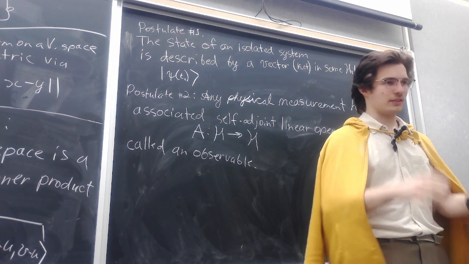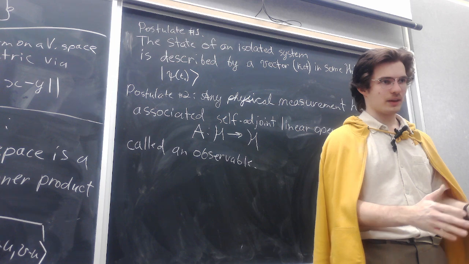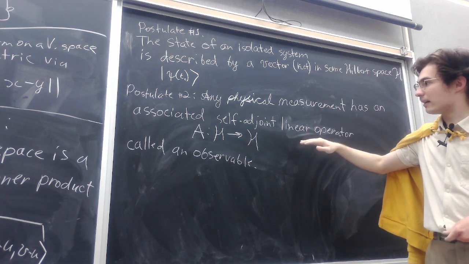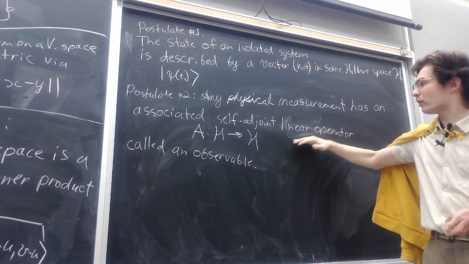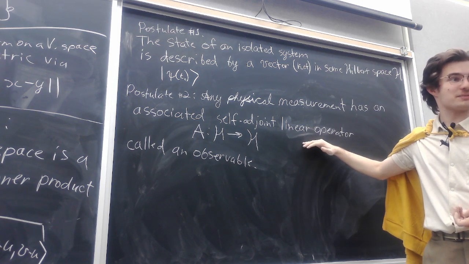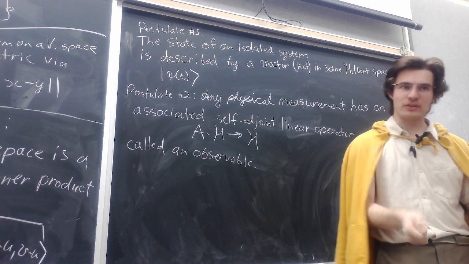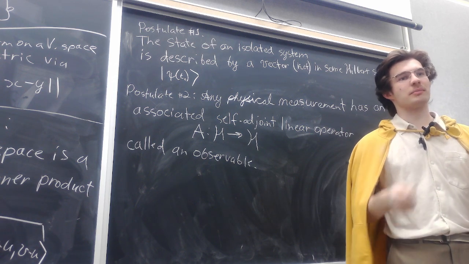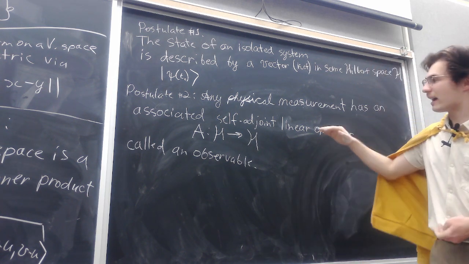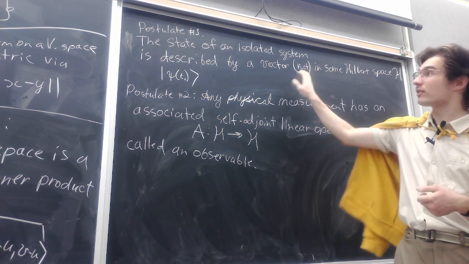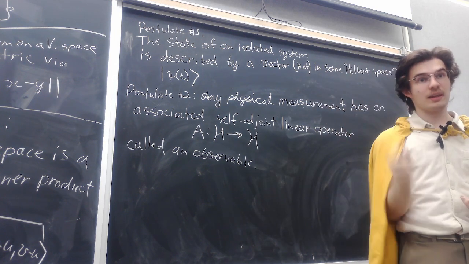I'm telling you that if there's something like that that I can do, then in the quantum mechanical world, there has to be a self-adjoint linear operator associated with that. So if I can do a measurement, such as measure the energy or measure the position of something, then that has to have a self-adjoint linear operator associated with it in this quantum mechanical world. Yes?